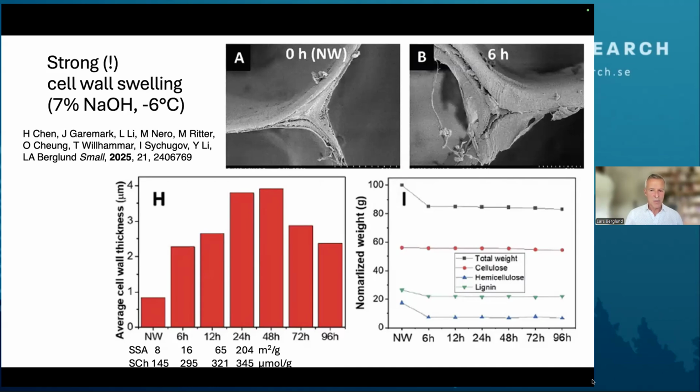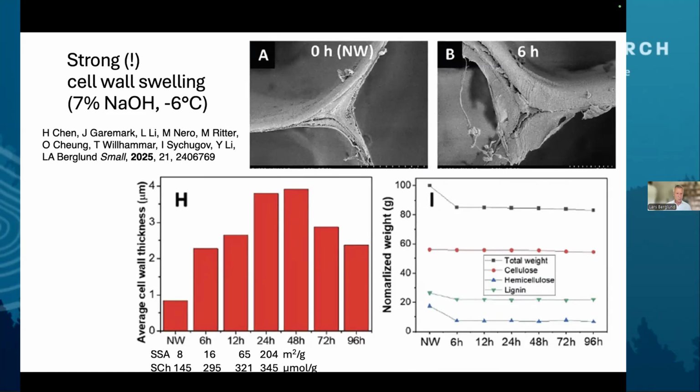And this was a bit of luck, I would say. The original ambition was to try to dissolve cellulose in the wood cell wall, which of course did not work because cellulose does not dissolve if you have lignin and hemicellulose right next to it.